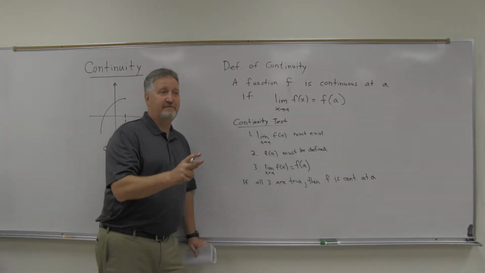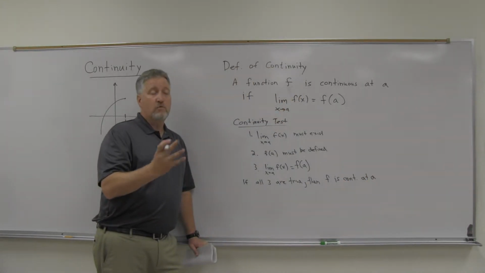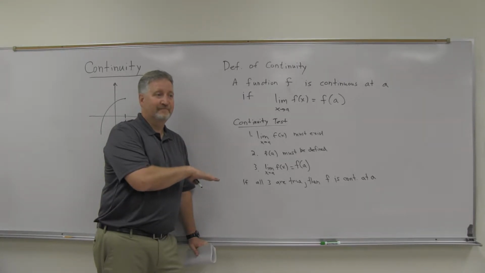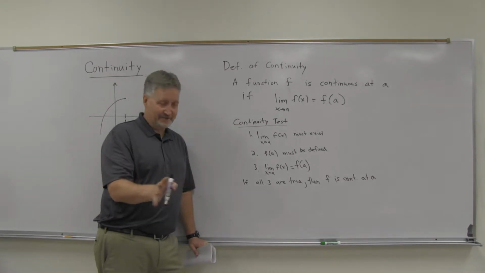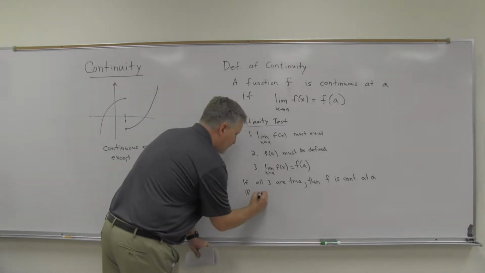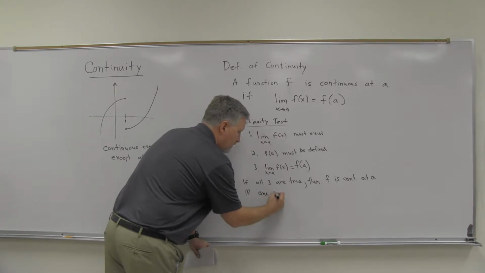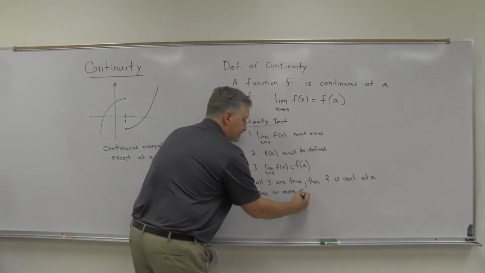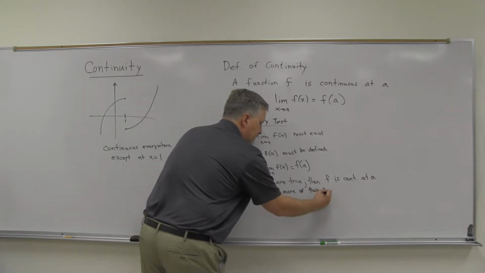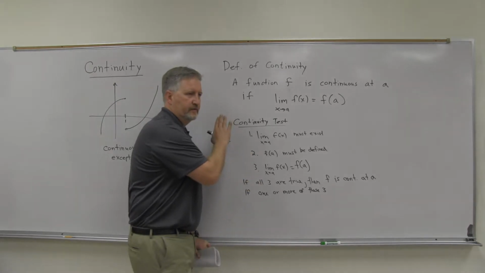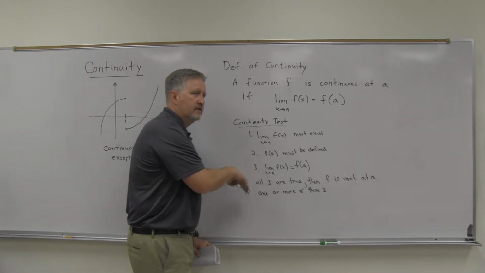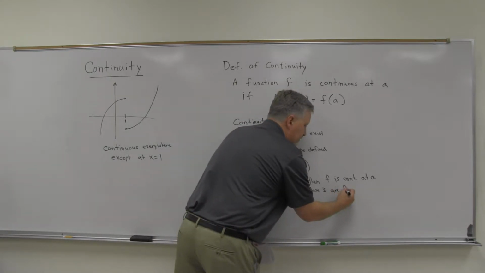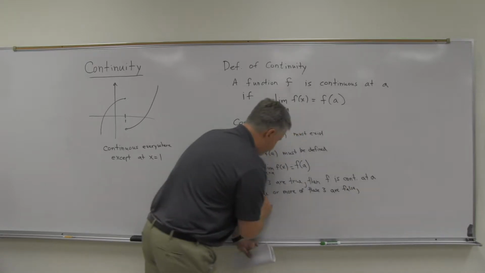Now what happens if one of them falls through? If one of them falls through, then what do you think? Is it continuous? Could be continuous, right? If one or more of the three aren't true, so if either 1, 2, or 3, or 2 of them, or all 3 of them are false, then f is not continuous at a.